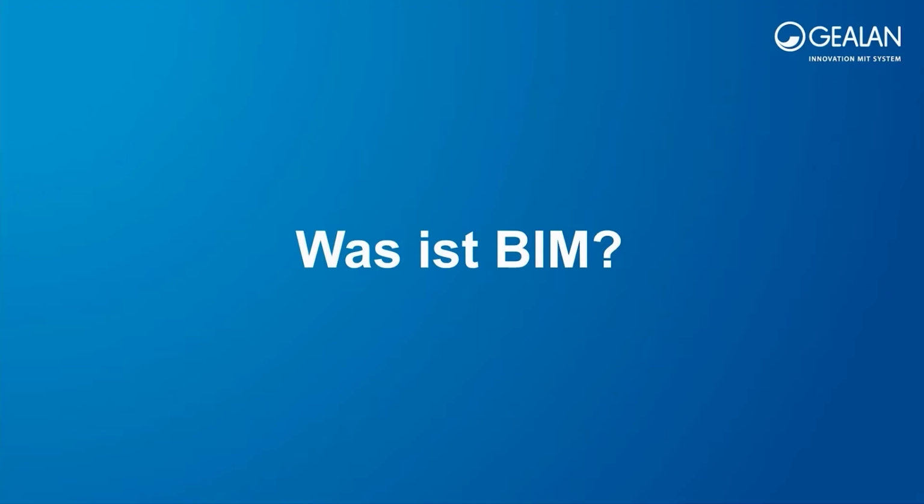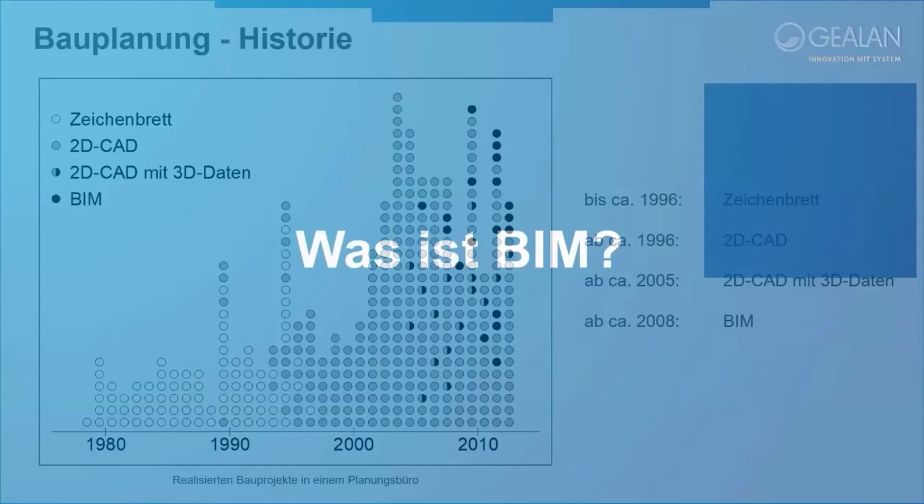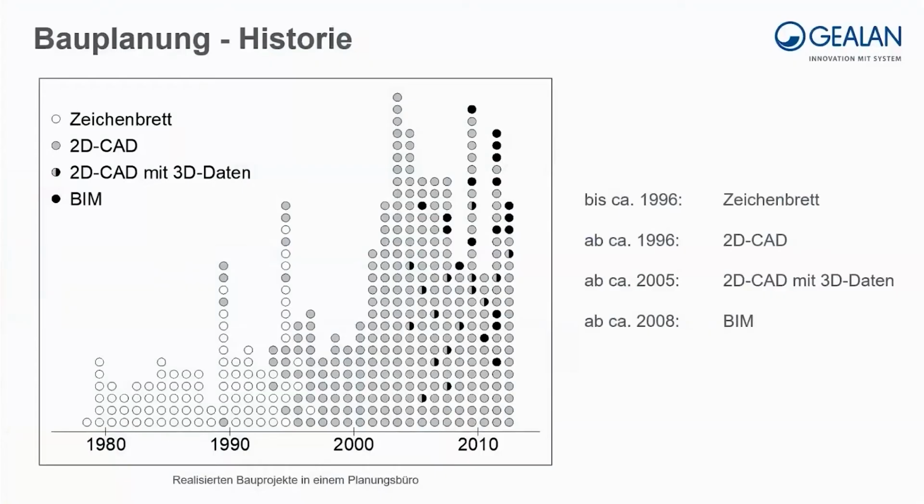Let's look into the history of planning a building. On this picture, you see on a timeline, starting with 1980, the number of yearly realized projects, independent of the color. One circle means one project.